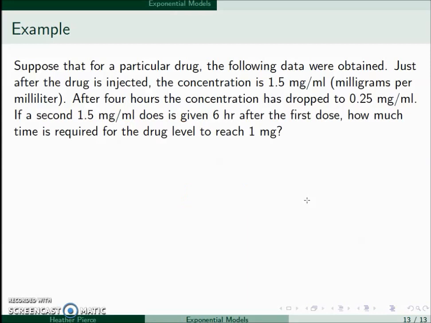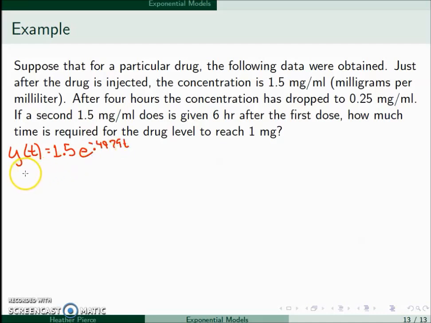So now let's suppose after 6 hours, we have a second drug dosage given. We want to know how much time is required for our drug to reach 1 milligram. So we know the model. This is y of t equal to 1.5 e to the minus 0.4479 t.